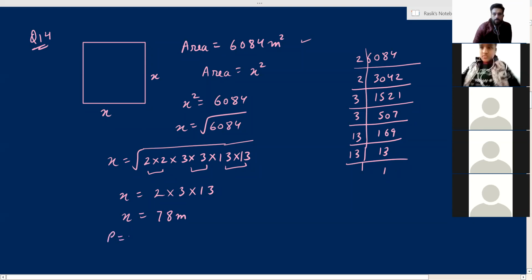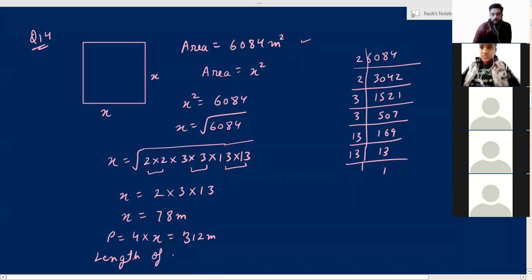Now the perimeter of the square is 4 into side, so this is equal to 312 meters. And for the length of wire required, we have to take the wire 4 times around the field.